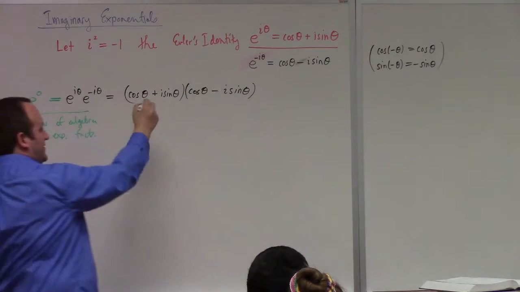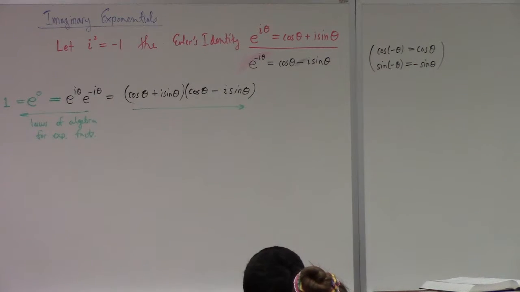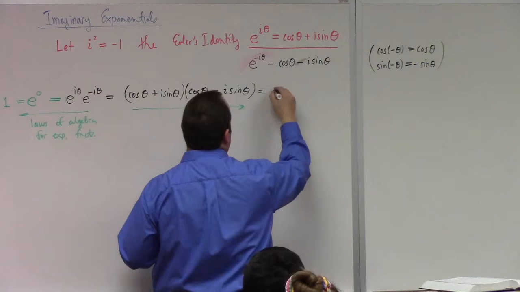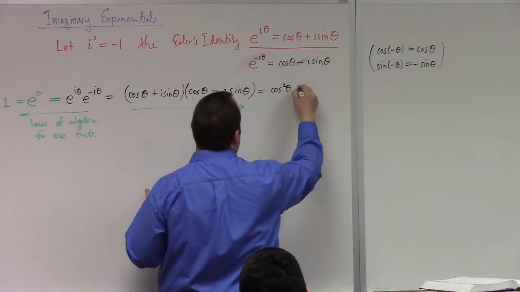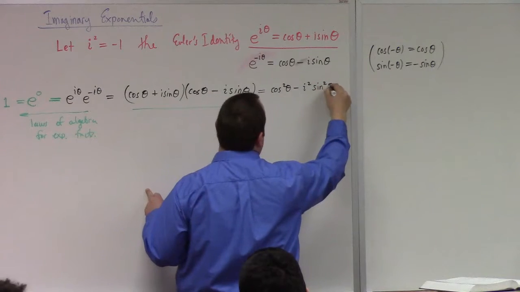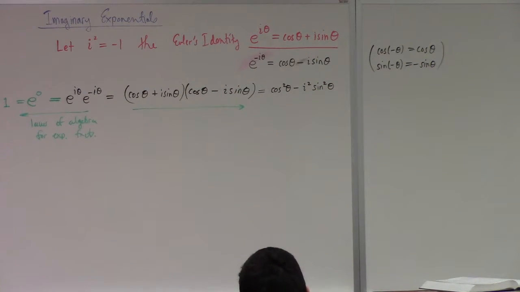But on this side, what do you get when you multiply that out? Minus i squared sine squared theta. You notice that the plus i sine cosine and the minus i sine cosine cancel, so the terms with the imaginary number i cancel out, and we're just left with cosine squared minus i squared sine squared.